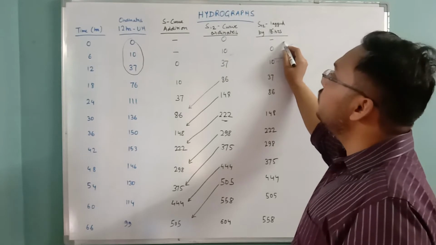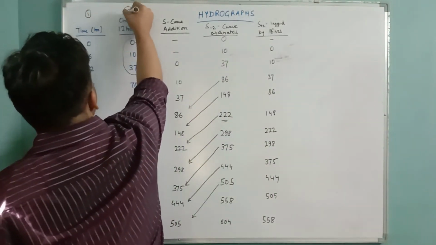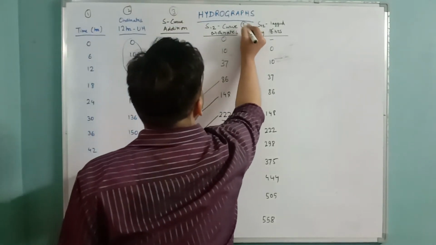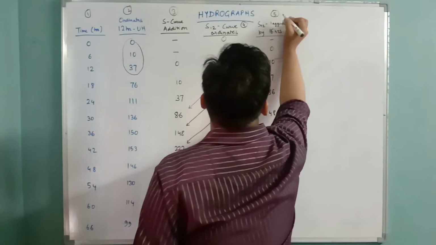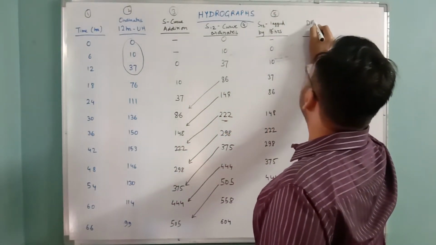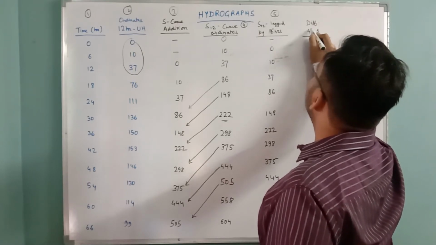Suppose this is our column 1, this is column 2, this is column 3, this is column 4, this is column 5. What we are going to do is get the difference, column 4 minus column 5.